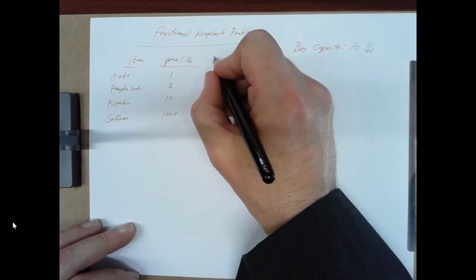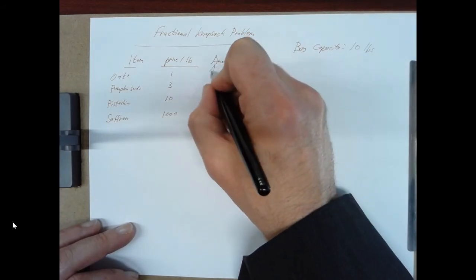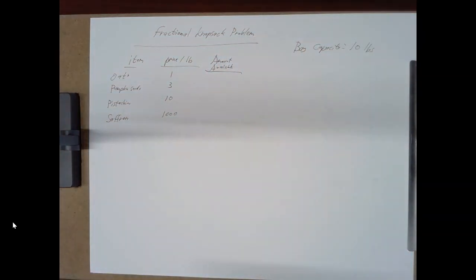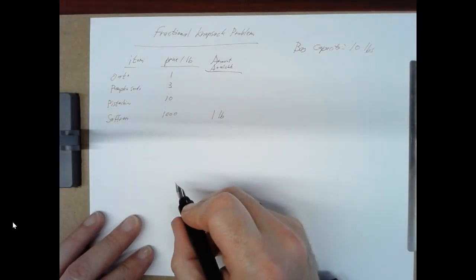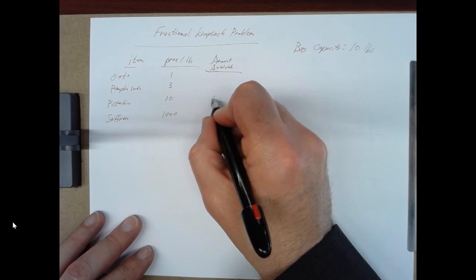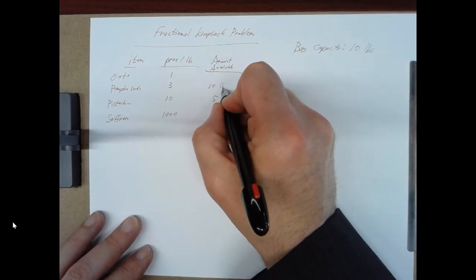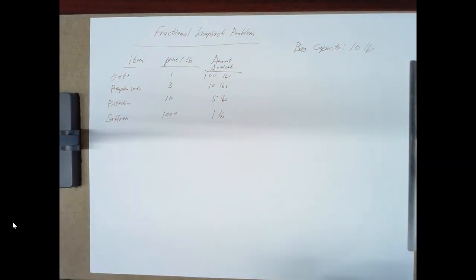But suppose there's shortages. Suppose there's only a certain amount of each of these things available. Suppose that there's only 1 pound of saffron available, and there's 5 pounds of pistachios, and there's 10 pounds of pumpkin seeds, and there's 100 pounds of oats. Now what would you put in your bag to get the maximum value?